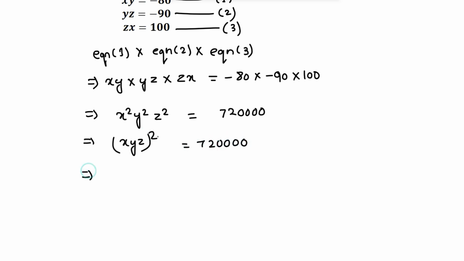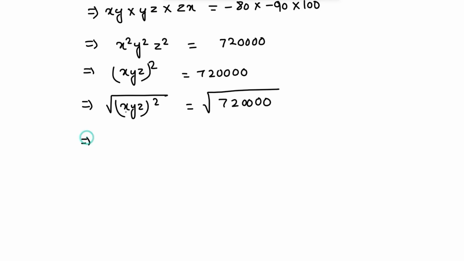Now, in order to eliminate this square, I will take the square root on both sides of the equation. So root of (xyz) square equals root of 72 with 4 zeros. The square root eliminates the square, and we are left with xyz equals root 72 multiplied with root of 1 with 4 zeros.